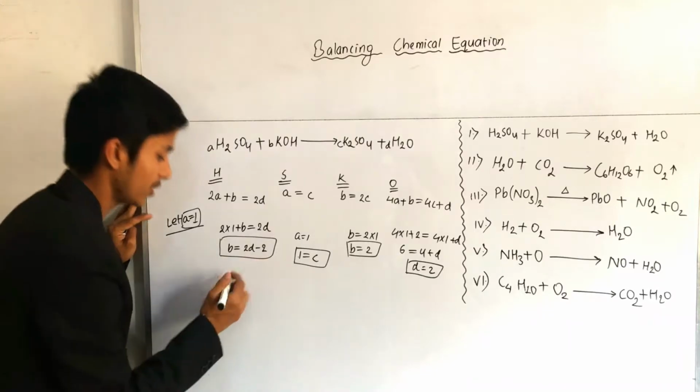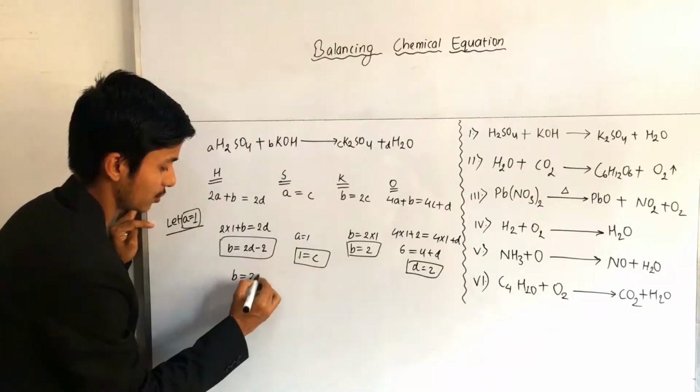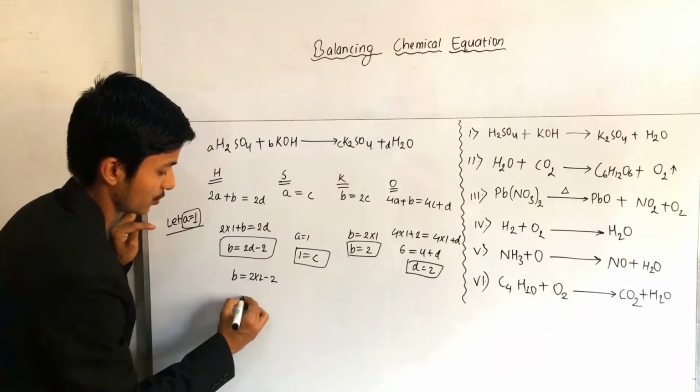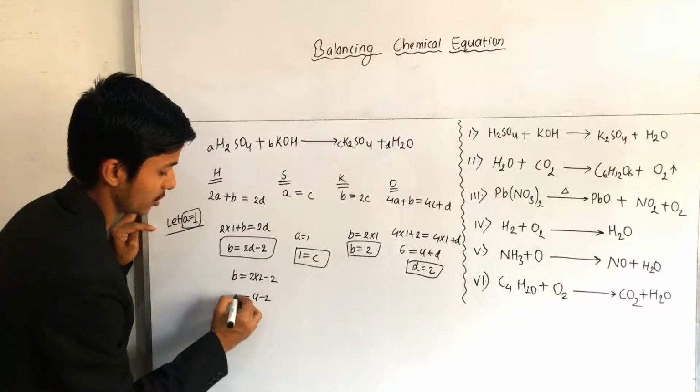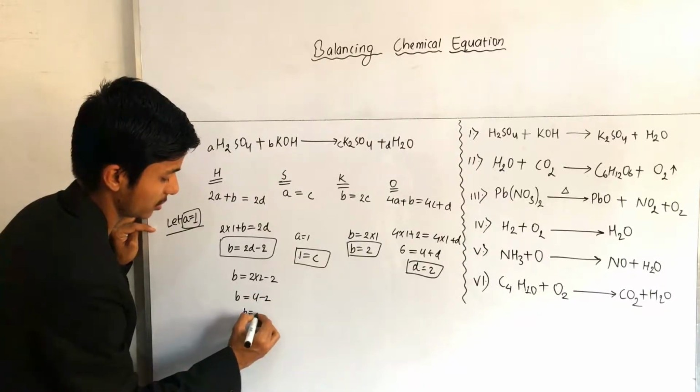Check B: B is equal to 2 into 2 minus 2, 4 minus 2, so B is equal to 2.